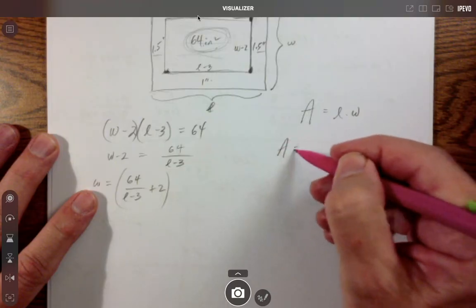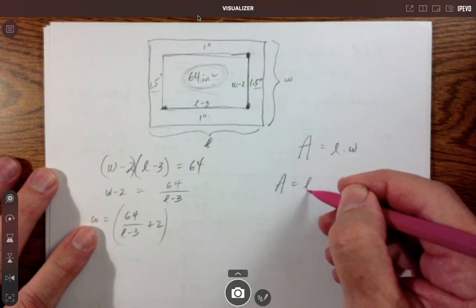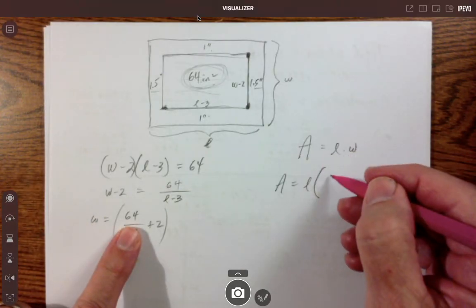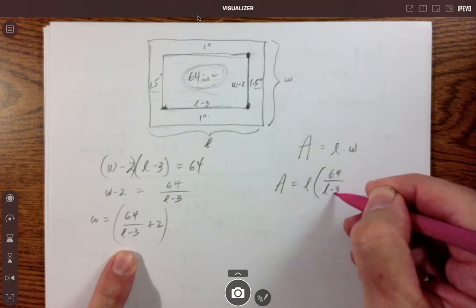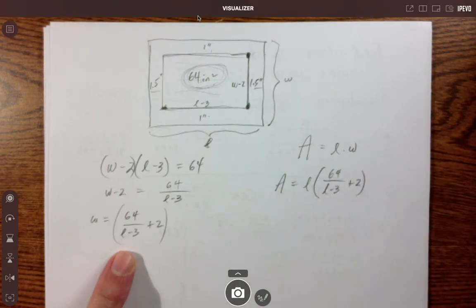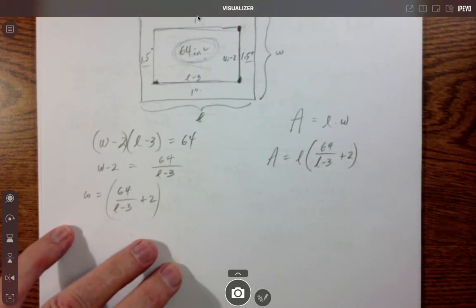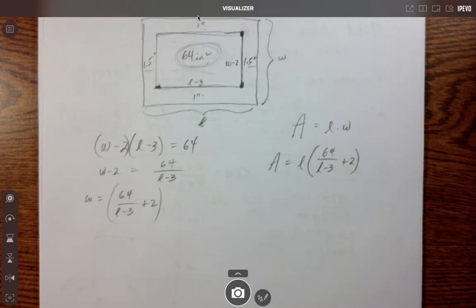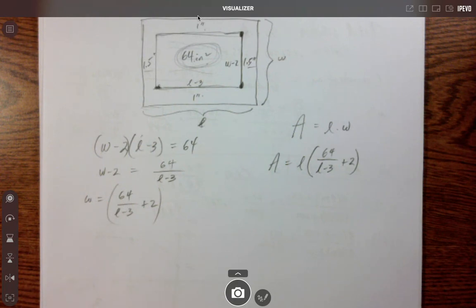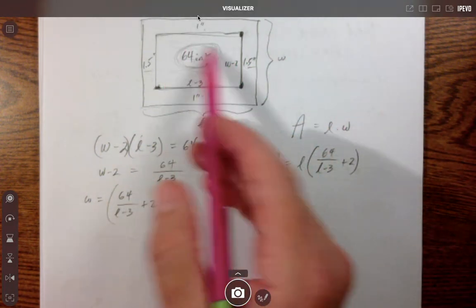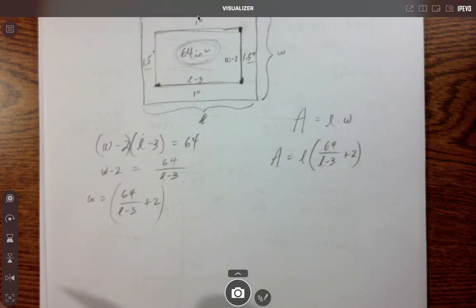So the area of the whole sheet of paper is equal to the length times the width, which is 64 over L minus 3 plus 2. All right, so I'm looking for what values are going to minimize how big this paper needs to be and keep that 64 square inches of print in the middle.